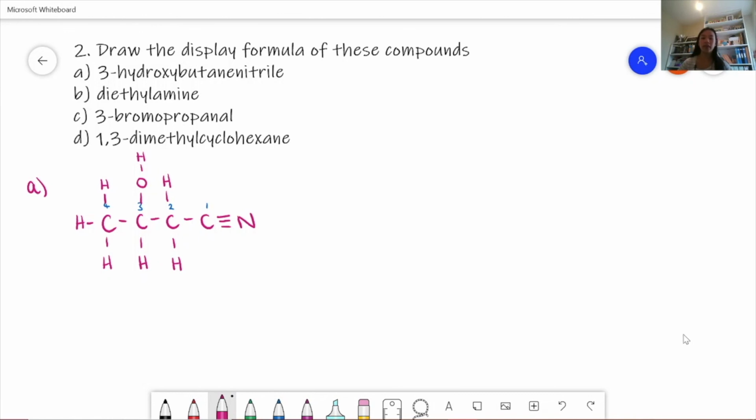For B, diethylamine. An amine is something with an NH2, but this actually turns out to be a secondary amine. What that means is that we have 2 different alkyl groups attached to the nitrogen with the hydrogen attached. So in summary, a primary amine would have a nitrogen and 2 hydrogens attached.